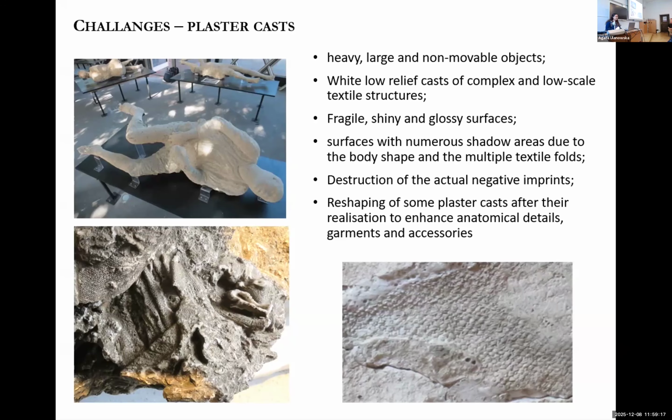So as you can see on the slide, the challenges encountered in documenting and studying the human plaster casts are related to the fact that they are heavy, large, and non-movable objects, white low-relief casts of complex and small-scale textile structures. They are fragile, shiny, and have a glossy surface with numerous shadow areas due to the body shape and multiple textile folds, the destruction of the actual negative imprints, as said, and the reshaping of some plaster casts after their realization to enhance anatomical details, garments, and accessories as well.